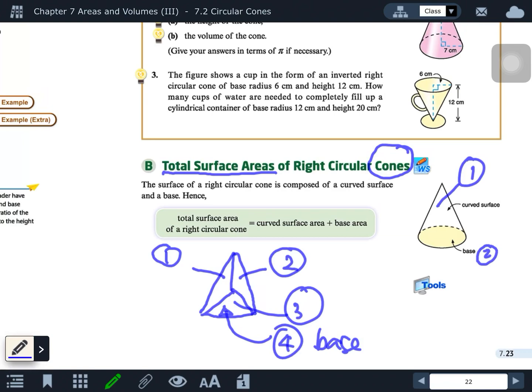And then this is something difficult: we have to memorize the formula of the curved surface area. What is the curved surface area?